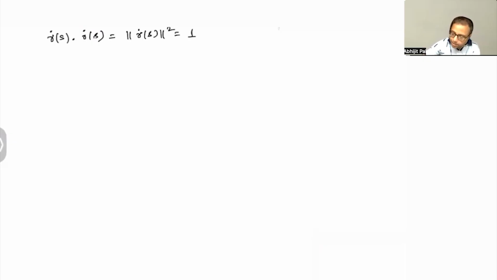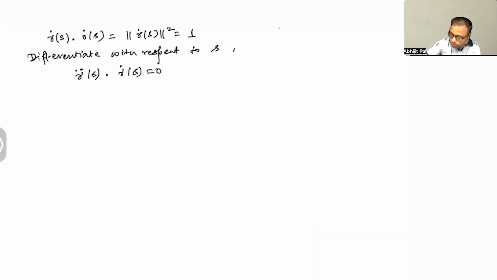And now if I differentiate with respect to s, what will you get? Gamma double dot s dot product with gamma dot s is equal to 0. This means that gamma double dot s is orthogonal to gamma dot s. Okay.